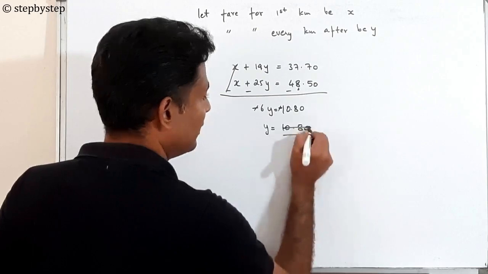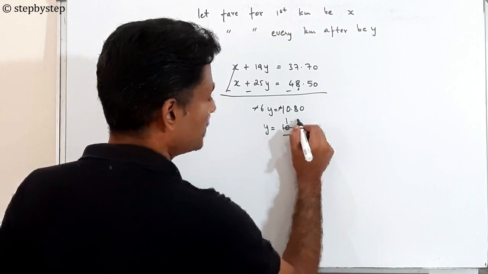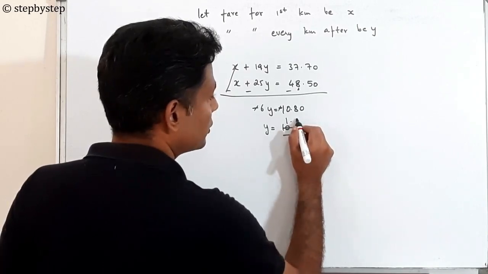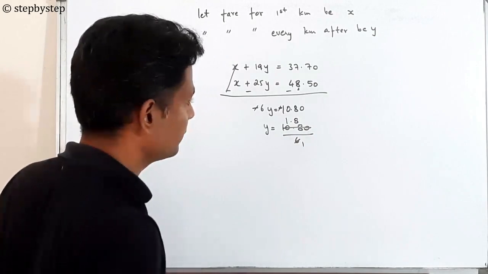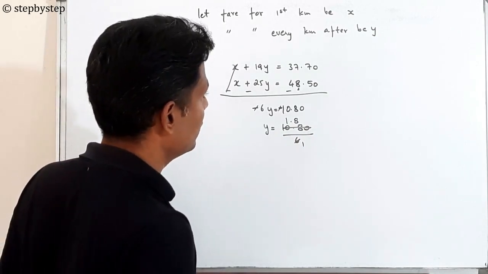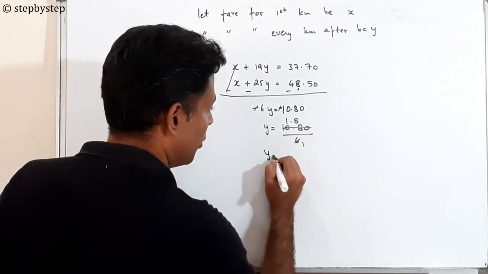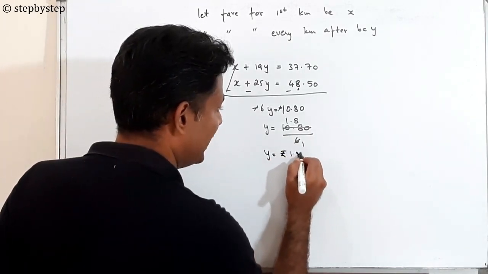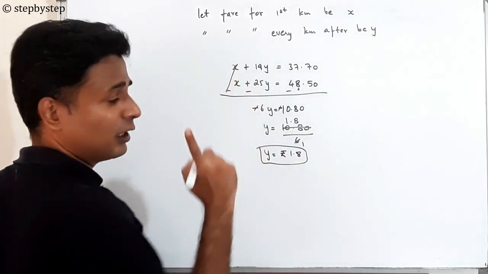So 6 ones are 6, 4 remains, we put a decimal point, it becomes 1.8. Okay, now we got the value of Y. How much is the rate per kilometer? 1.8.